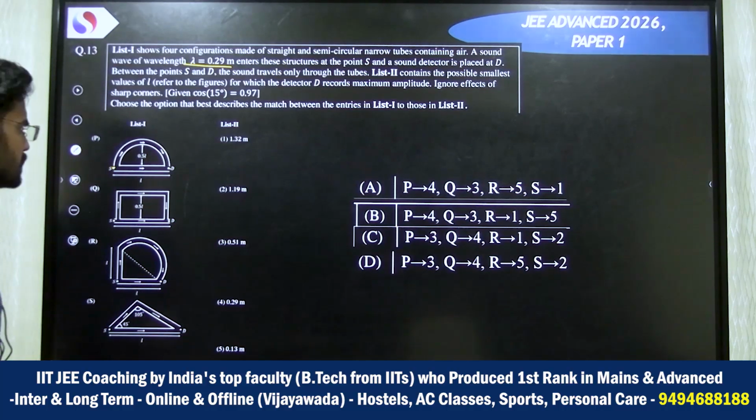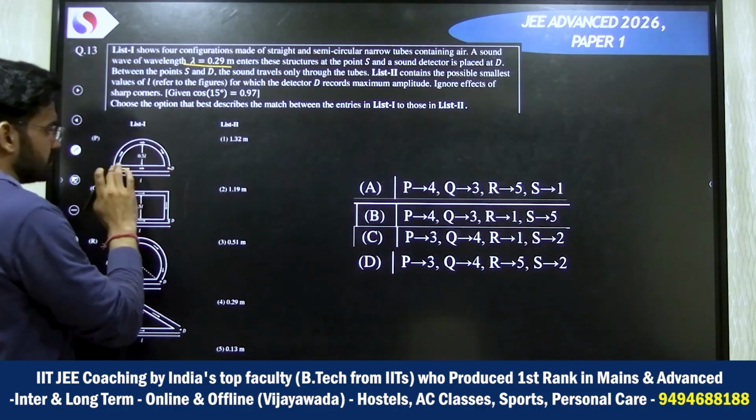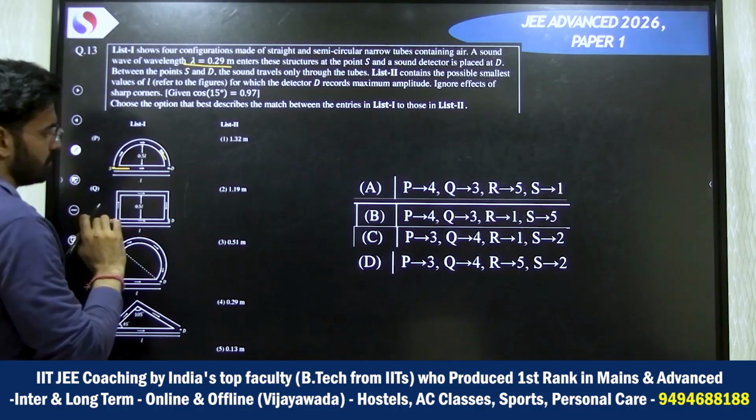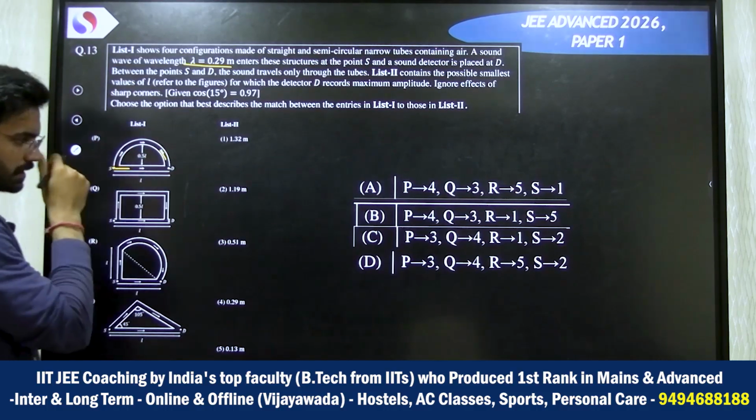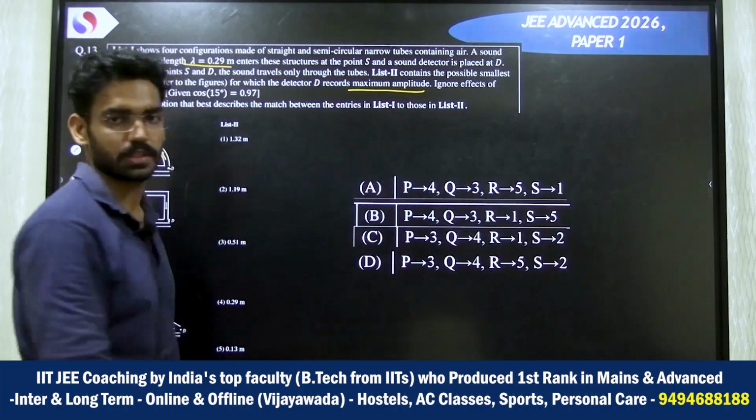Now let's see. Here one sound will go straight L and one sound will go through the semicircle, 0.5 into 2 pi R, that is pi R. So for maximum amplitude we know the path difference should be N lambda.